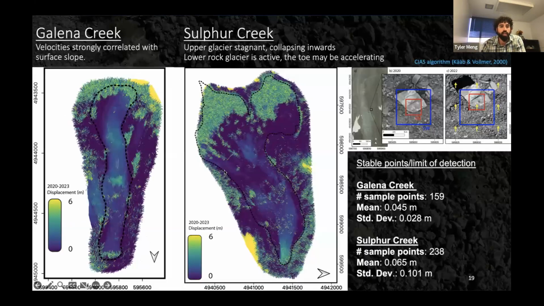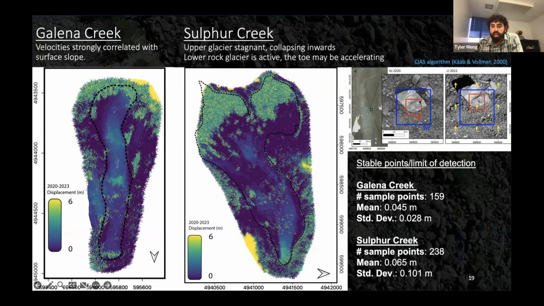Okay, so here is a look at what the results look like when we do this feature tracking. This schematic here in the upper left shows an example of how the change detection algorithm works. I used this correlation image analysis software that's freely online from the University of Oslo. And what it does is you specify this reference block, which I've shown here in red, and a search window in blue.